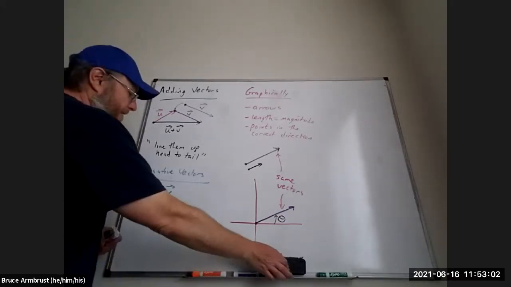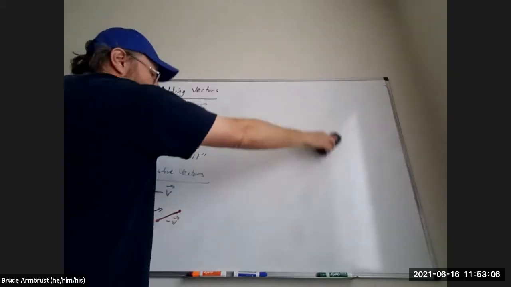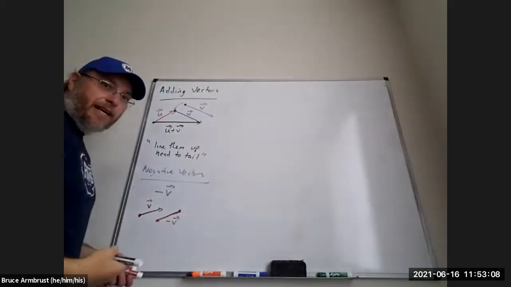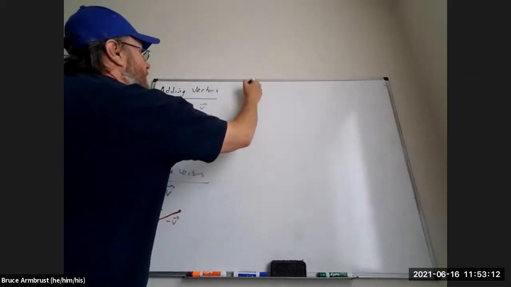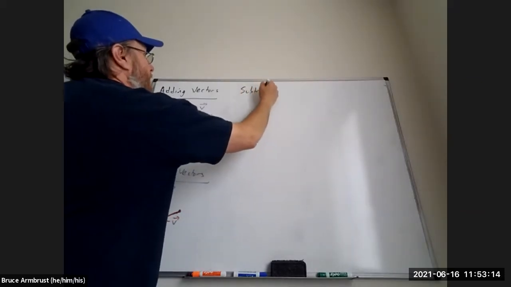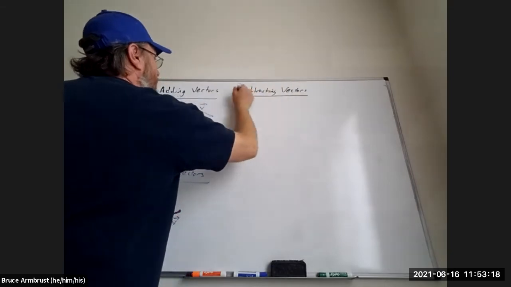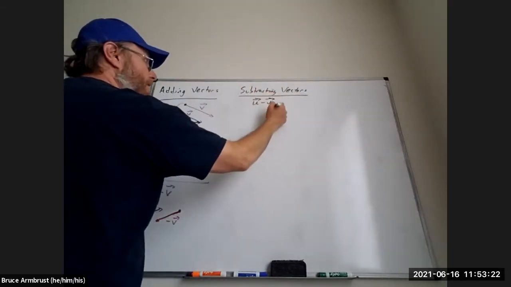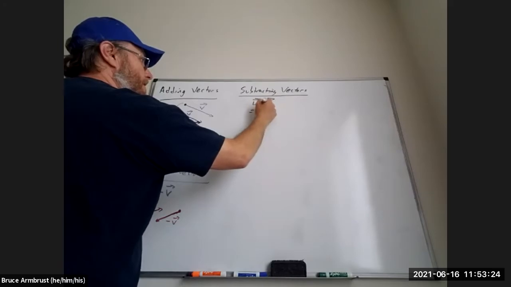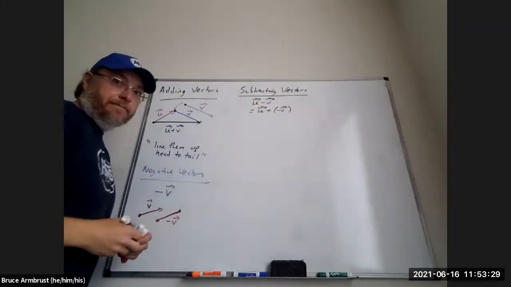All right, now the reason I brought up negative vectors is because if we go to subtraction, subtraction is just adding negatives. So if we're going to do, say, u minus v, we want to think about this as u plus negative v.